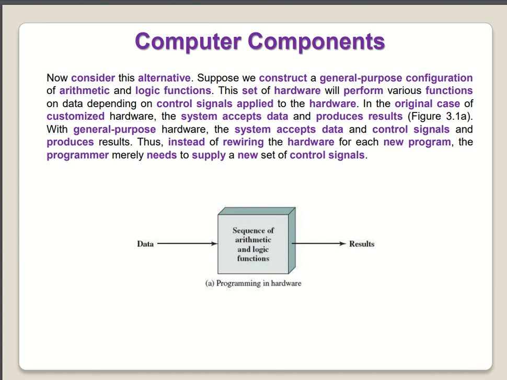In the previous example, the hardwired program, the set of components is configured to perform some specific function. Here, the set of components will perform various functions on the data based on the control signal. So this is the idea.